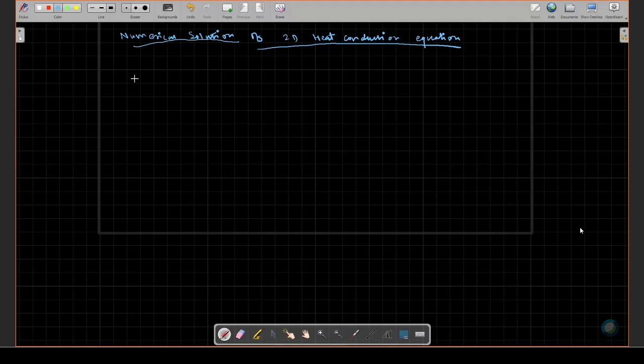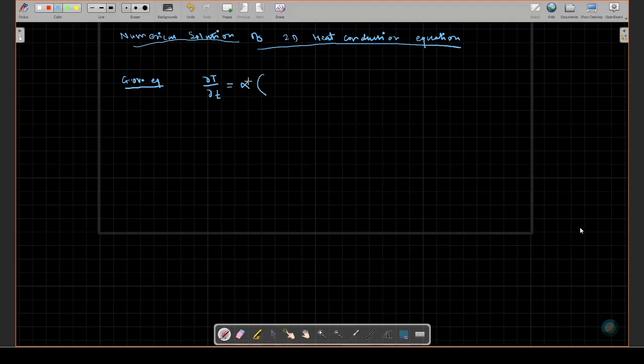So the governing equation generally will look like this. T is some variable. In the case of heat conduction, T is temperature and small t is time. So you have the 2D unsteady heat conduction equation.